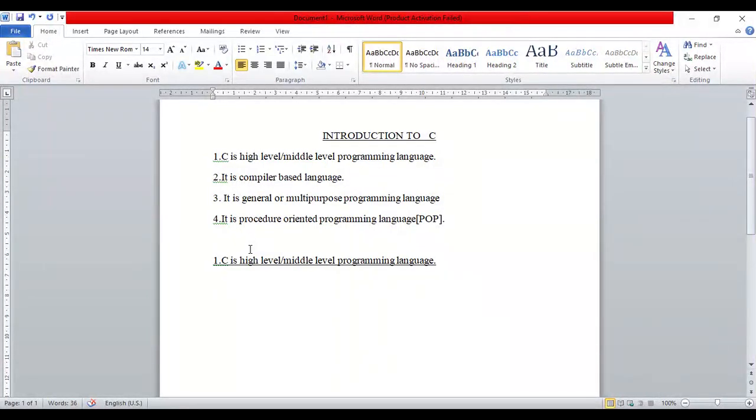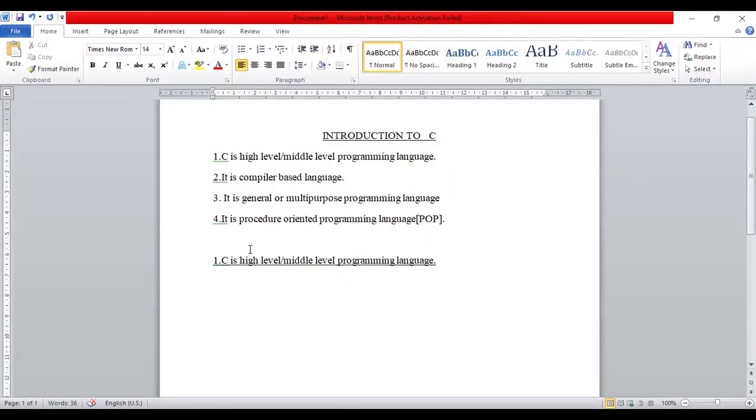So language is generally used for communication purpose. So C language, who is using it for communication purpose? Can I tell C is used by some specific people for communication purpose? Suppose I tell C is used by some Andaman Nicobar island people for communication.